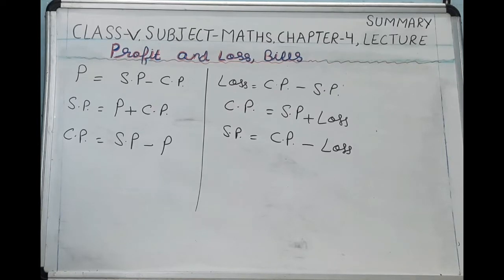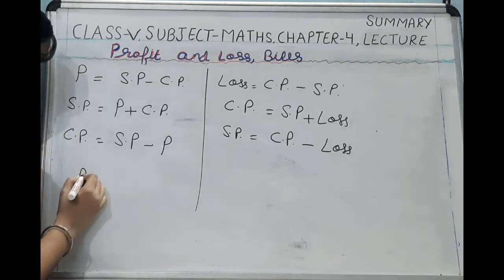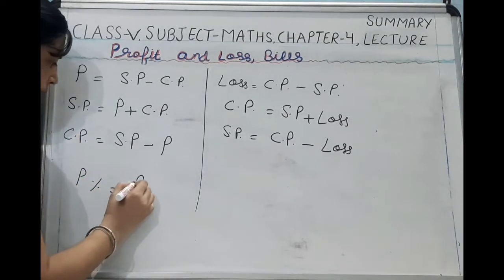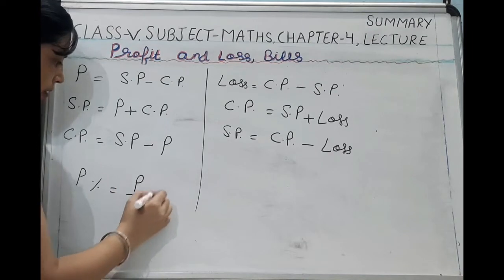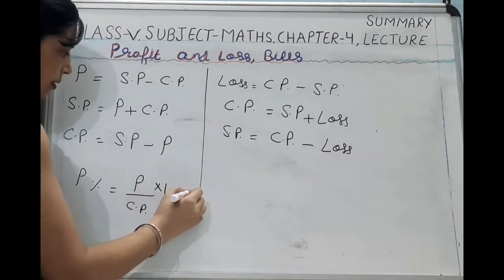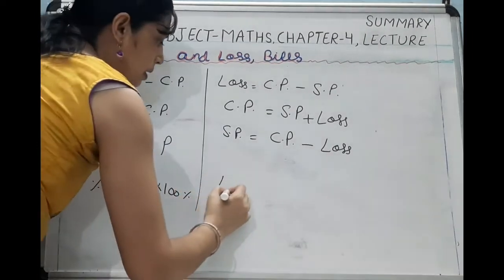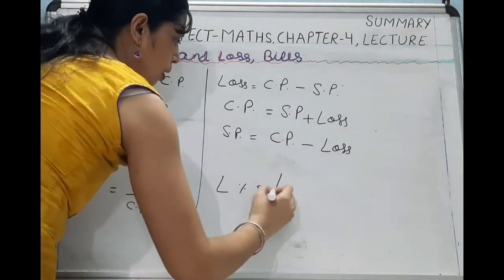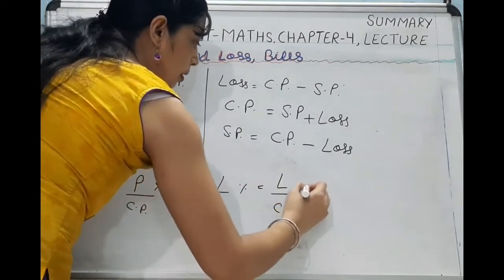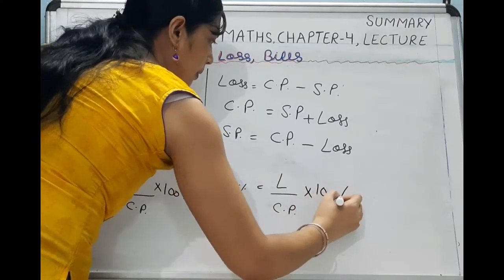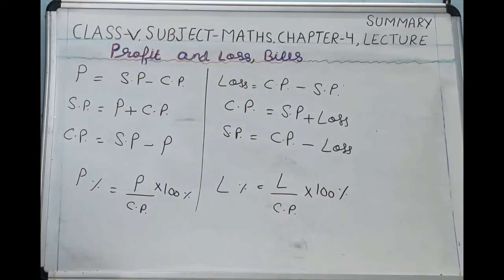How? Profit and loss always happen on cost price. So profit percent is equal to profit upon cost price multiply 100%. And loss percent is equal to loss upon CP multiply 100%. Understood? So these are the formulas on which many questions are based. Directly you can find out the answers. Okay?